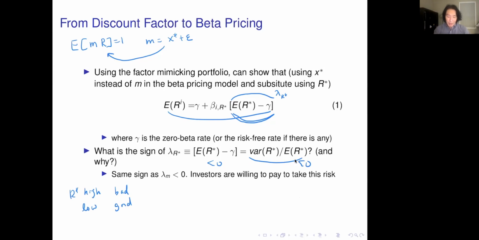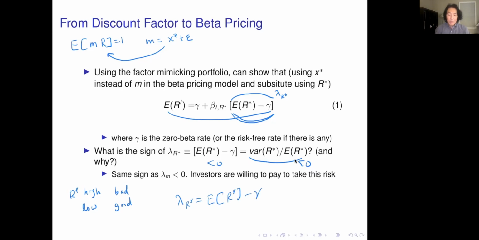So the reason why the gamma is negative is the same as before. And why is gamma of R star given as the expected value of R star minus lambda?